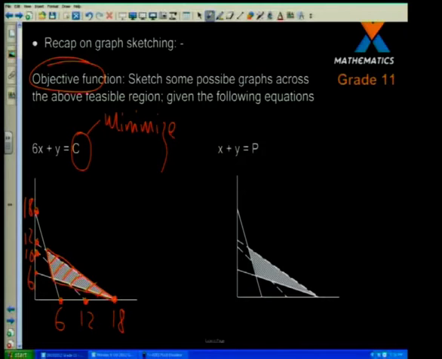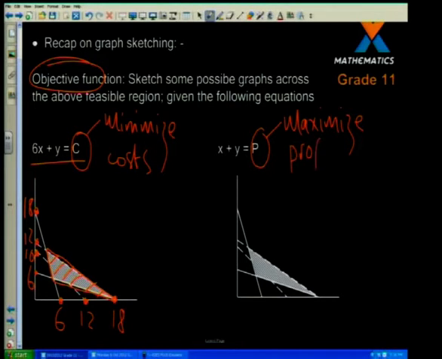You want to minimize your costs if this is your cost function. Now, on this side, you've got profit. You want to maximize profit. Maximize profit. And this is now given as a profit function.